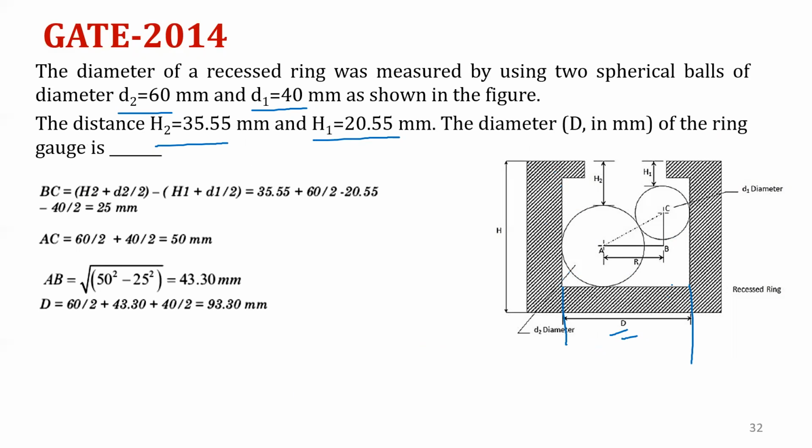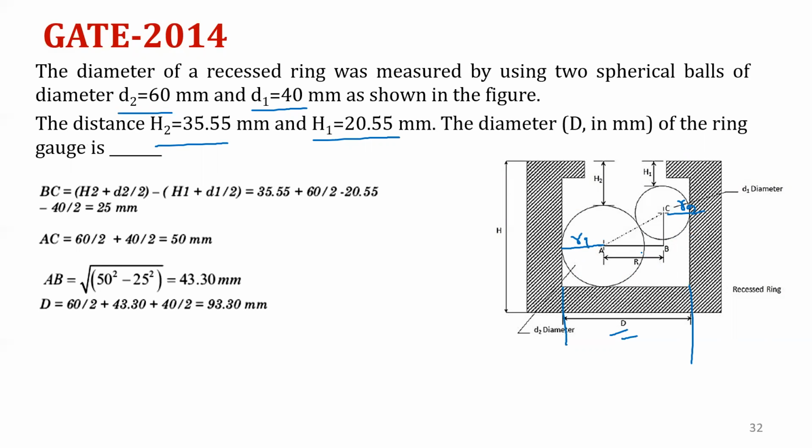In order to find this, you know this is the diameter of the bigger ball and this is the diameter of the smaller ball. If you know this AB, then by adding AB plus this radius, R1 for the bigger roller and R2 for the smaller roller, you will get the total diameter of the ring.